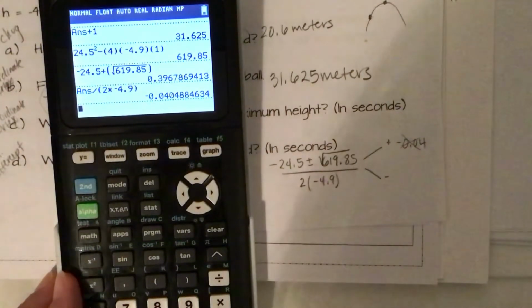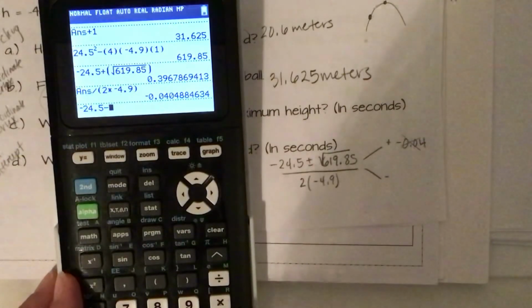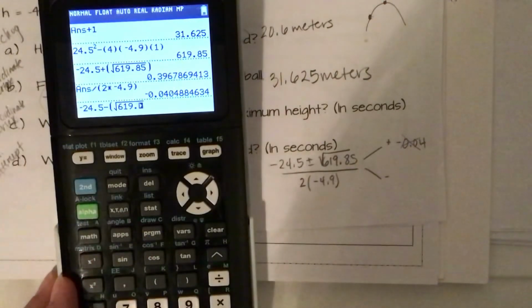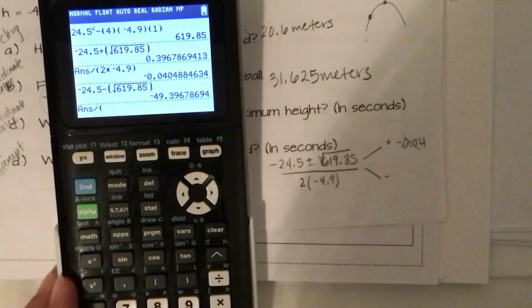All right, so I'm going to do the same thing. So negative 24.5 minus, parentheses, square root of 619.85. Divided by 2 times negative 4.9.